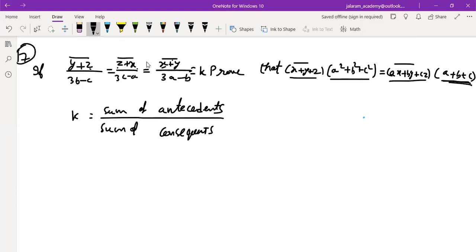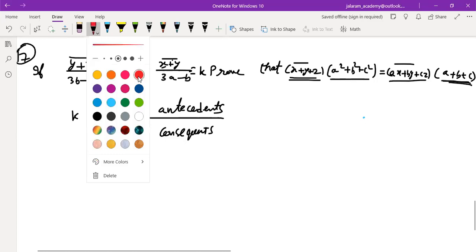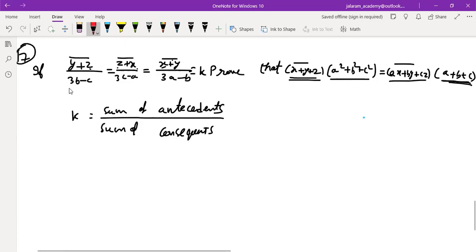When we take 2 common from it, it gives x plus y plus z, and we have to bring x plus y plus z in our proving. At the same time, in the consequents, 3b minus c plus 3c minus a plus 3a minus b. If you add these three, 3b minus b will be 2b, minus c plus 3c 2c, minus a plus 3a 2a. So 2a plus 2b plus 2c, 2 common, a plus b plus c, 2 common, x plus y plus z upon a plus b plus c.